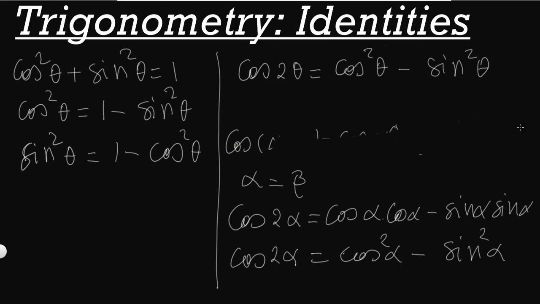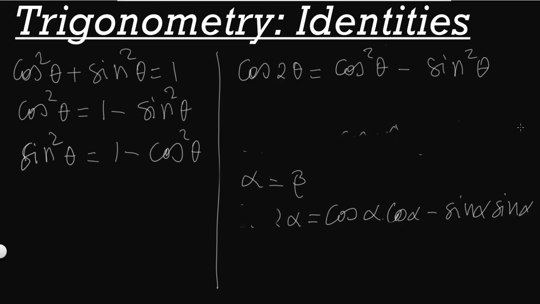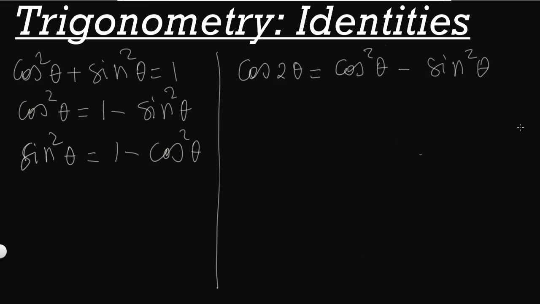So now, from these identities, let's use this one. Instead of cos squared, we replace cos squared by 1 minus sin squared according to this formula.